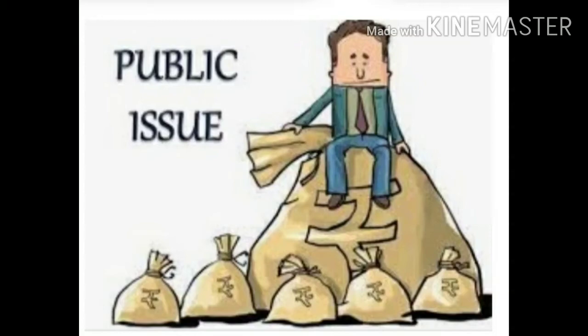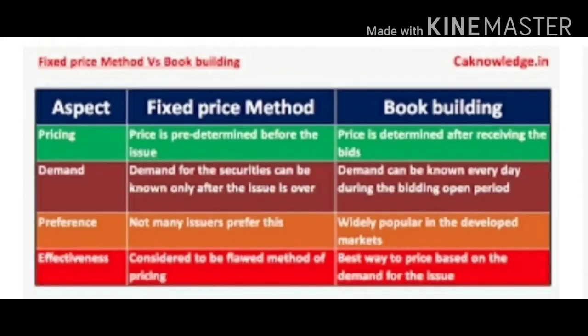So let's see first, the fixed price issue method. Under this method, the issue price of the share is mentioned in the prospectus and investors have to buy shares at that price only.